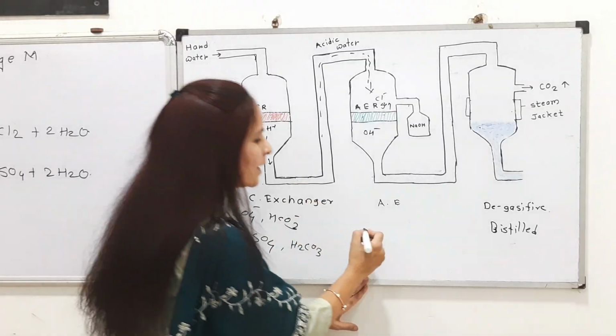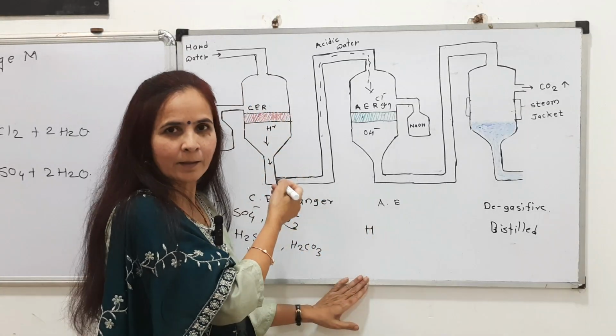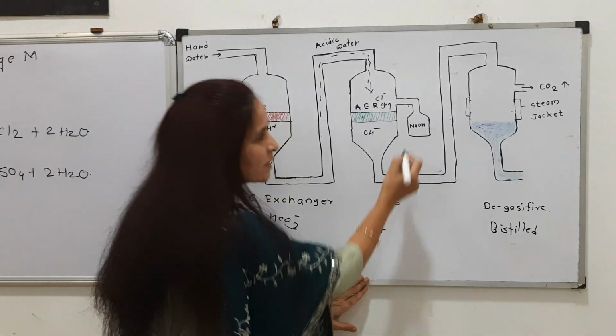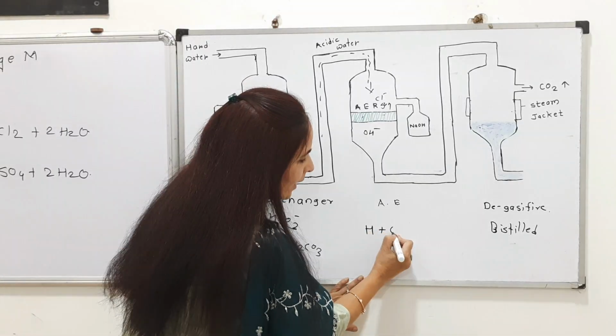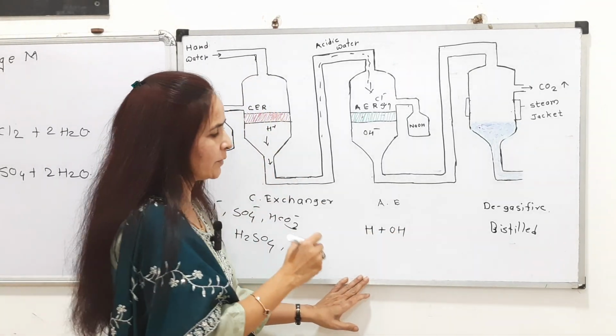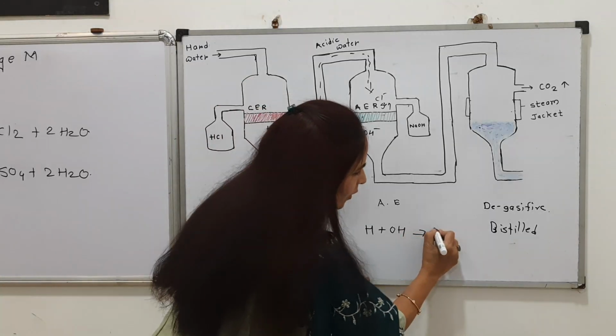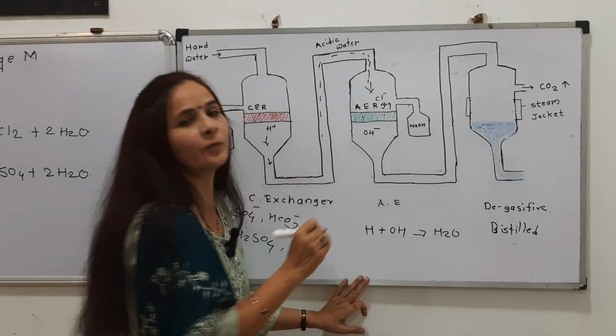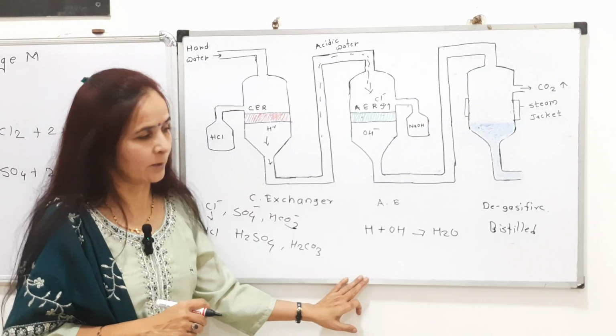The H plus ions are obtained from the cation exchanger resin, the OH minus ions from the anion exchanger resin, and the gases are already removed, so there is a formation of pure water from the ion exchange method.